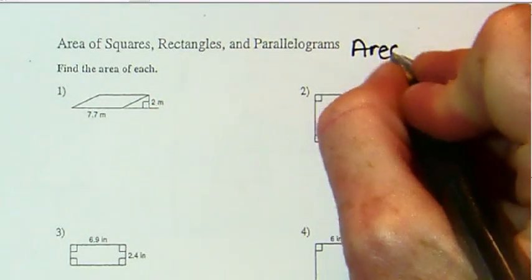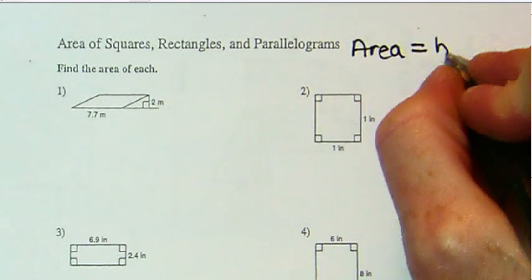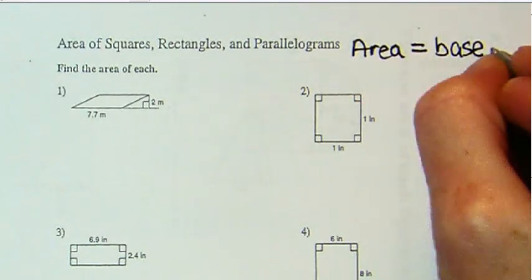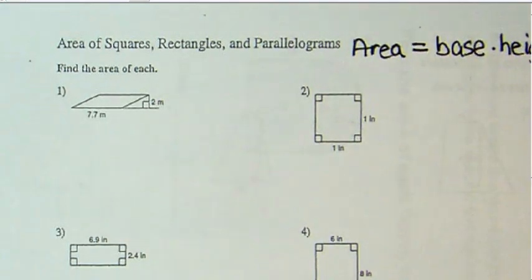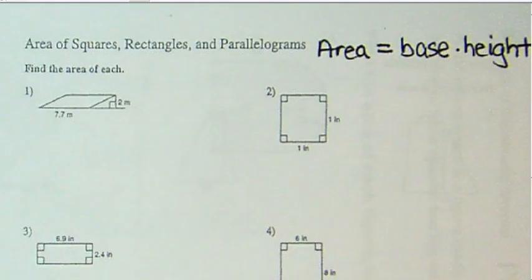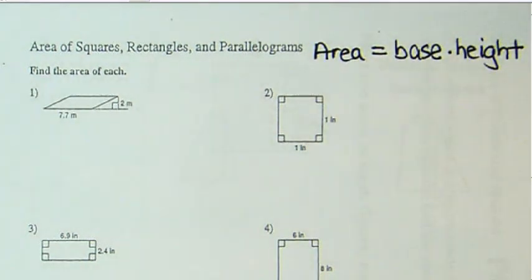Area equals base times height. So remember, with a triangle, we divide by 2 because a triangle is half of a square, rectangle, or parallelogram. But when we're dealing with the whole thing, there's no need to divide by 2.